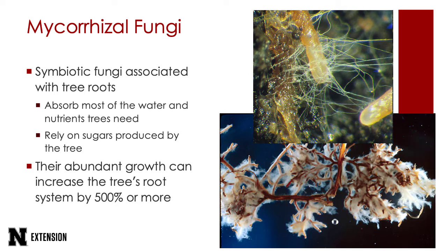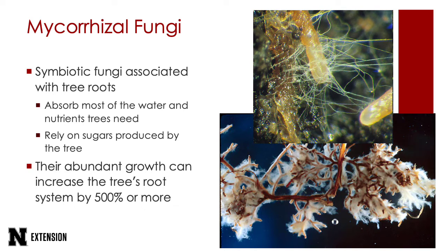Another important concept related to the growth of plants and their roots are mycorrhizal fungi. So this type of fungi is a beneficial fungi that forms a symbiotic relationship with plant roots. So in this picture, these large structures here are plant roots, and these very fine hair-like structures are the roots of the mycorrhizal fungi.